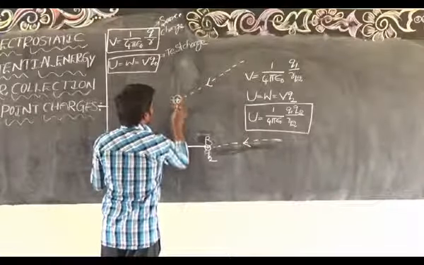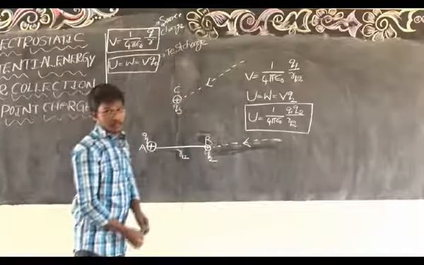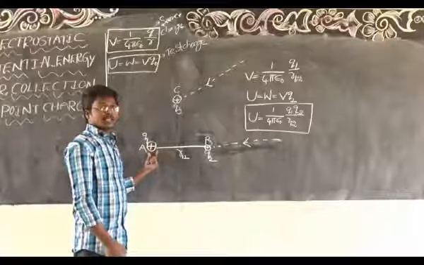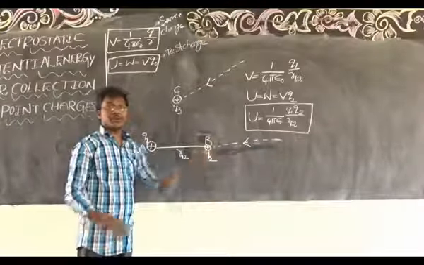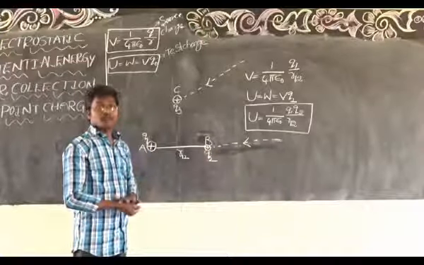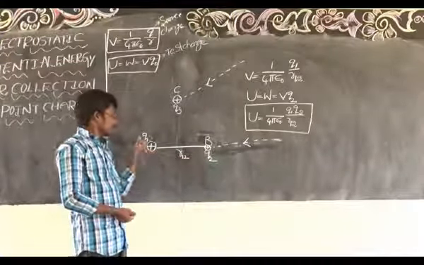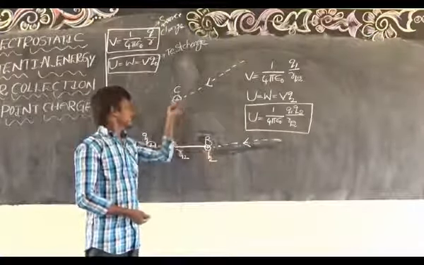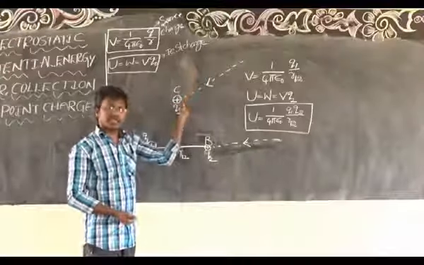This is Q3 at point C. Before, only one source charge was there, because Q2 came from infinity to point B. Now two source charges are there, Q1 and Q2. The test charge Q3 is coming from infinity to point C.